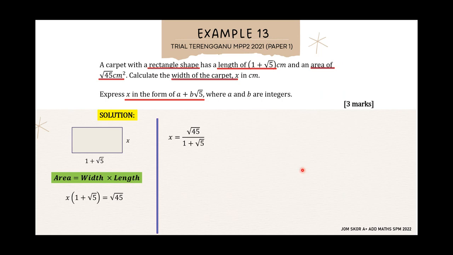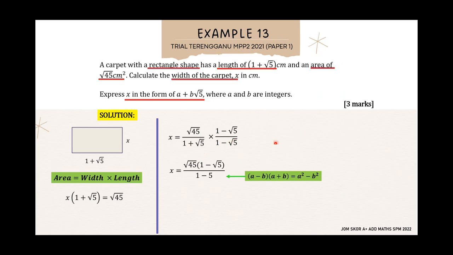So, tengok balik pada denominator, operasi di sini adalah tambah, conjugate dia adalah tolak dengan nilai yang sama. Jom tolak. Okay. Right, kita nak simplify sahaja sekarang. Kita akan dapat 45 multiply by 1 minus set 5. Dan di bahagian denominator, kita gunakan formula yang sama. A square minus B square is equal to A minus B multiply by A plus B.